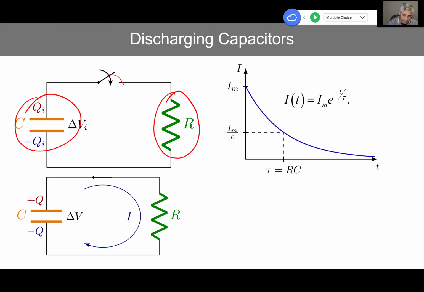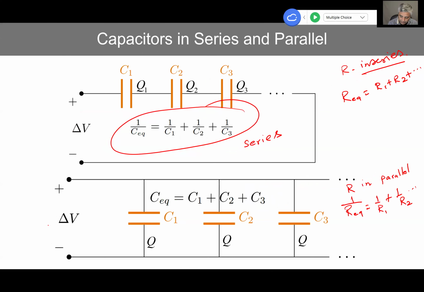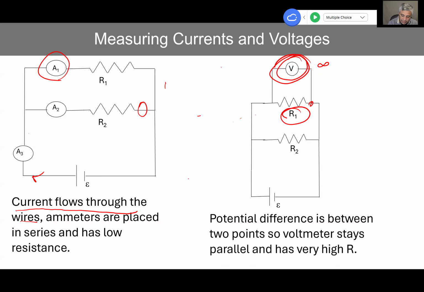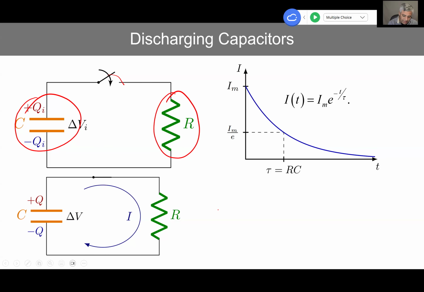So current starts flowing. At the beginning, there are a lot of charges. It means larger current flows at the beginning. So whatever current flows at the moment you just make the connection is what we call maximum current.